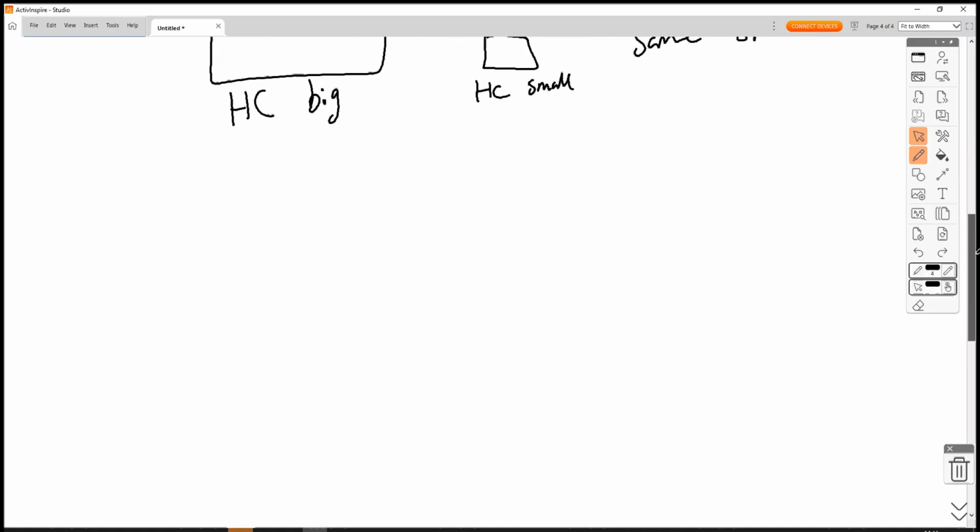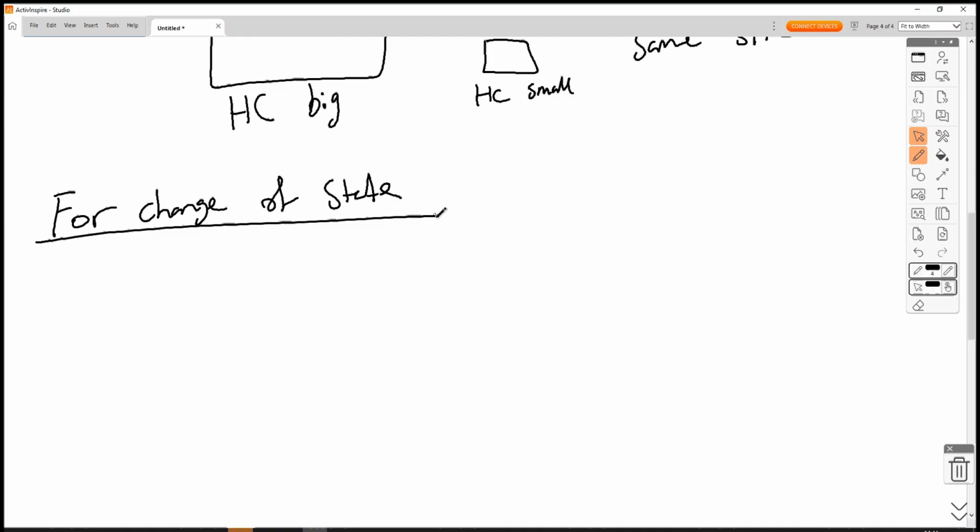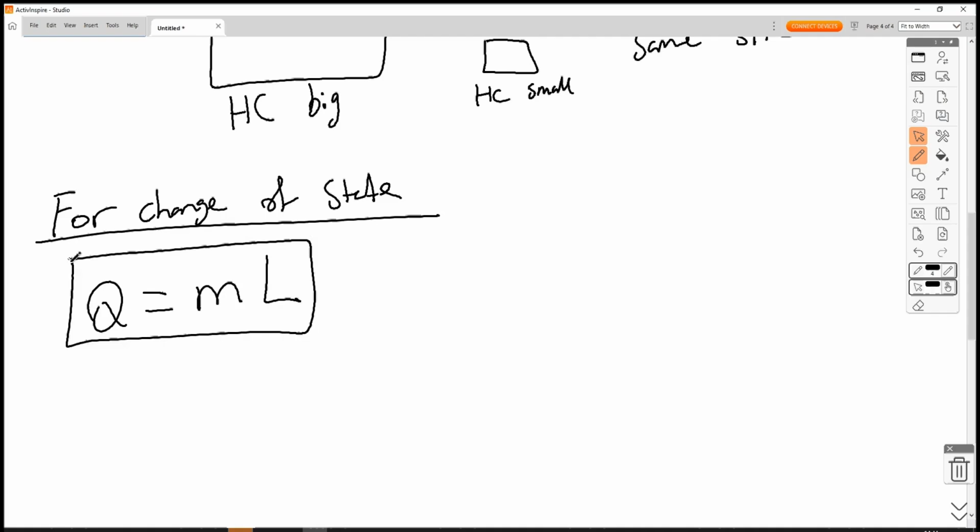So for a change of state, we use a specific latent heat of fusion or vaporization. So Q equals mL. Put a box around that. Again, Q is the heat, so I'm not going to write that down.